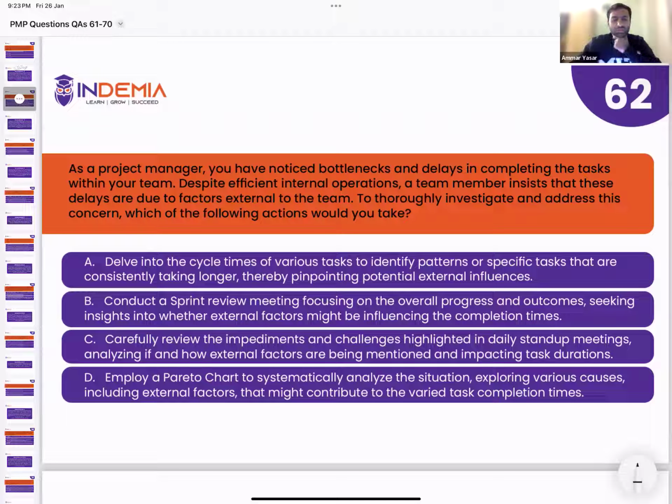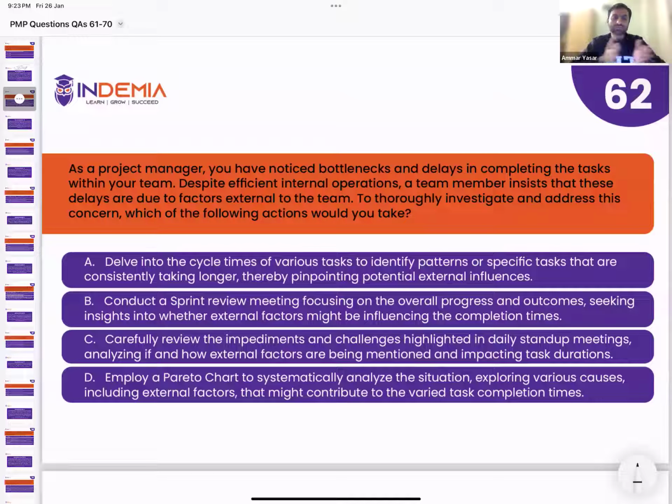Remember, I told you in the last session, when you have 4 options and, let's suppose, 3 out of 4 are correct, find the most detailed, most specific answer. For example, we say employ a Pareto chart. A Pareto chart is a tool that we use to map the frequency of defects. That is completely irrelevant here. The only relevant answer is investigate cycle times.